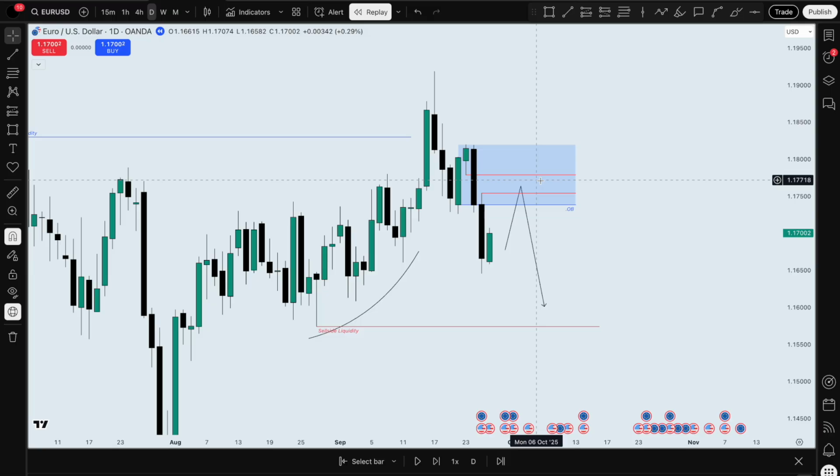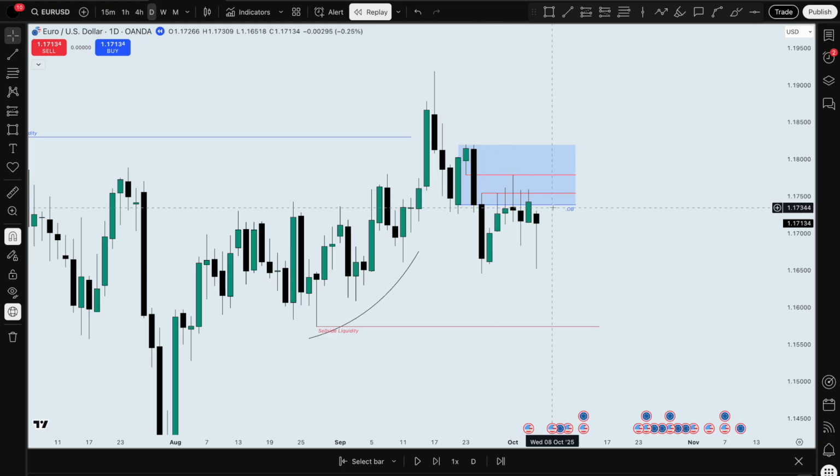So let's see what happens, and you can see that price is really unable to go above the FVG, so this is a clear sign of bearishness, and now we're going to go straight down to the target. So that's the second type of high probability order block.